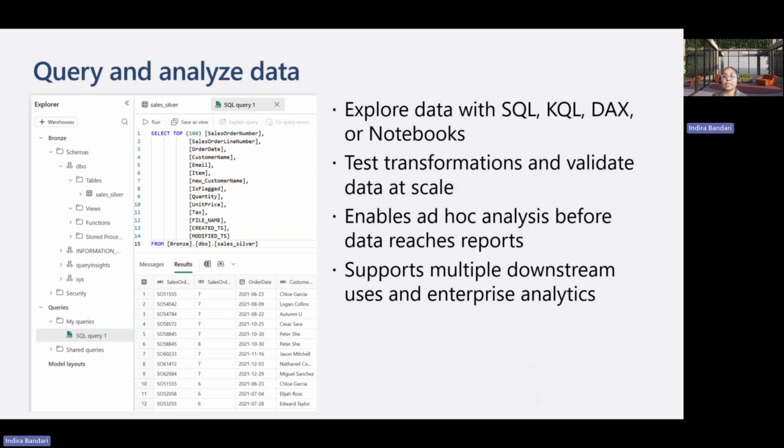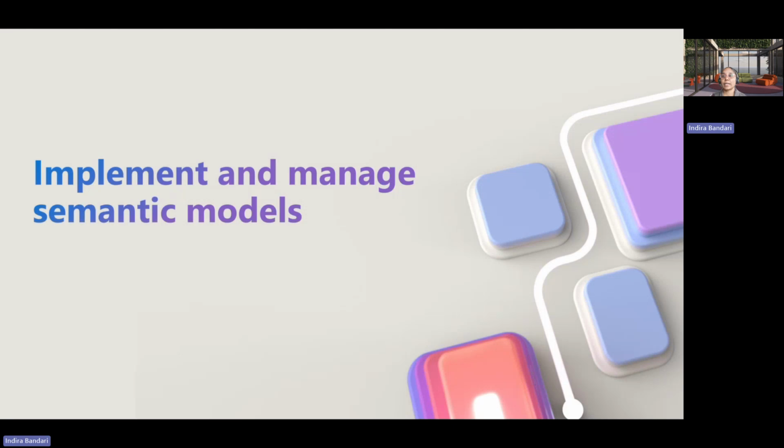So the next section is implement and manage semantic models. In Fabric, semantic models are more than just Power BI datasets. They serve multiple workloads, including reports, notebooks, and pipelines, making them a centerpiece of enterprise analytics.